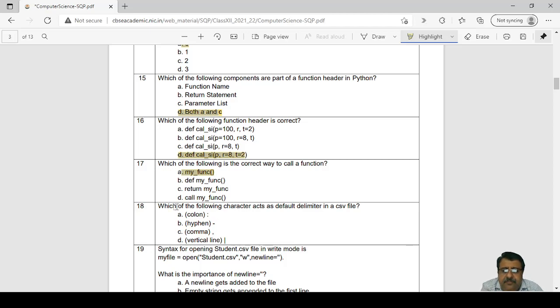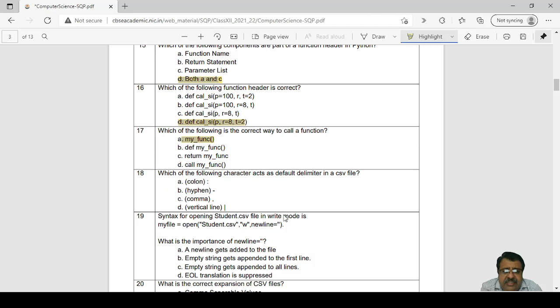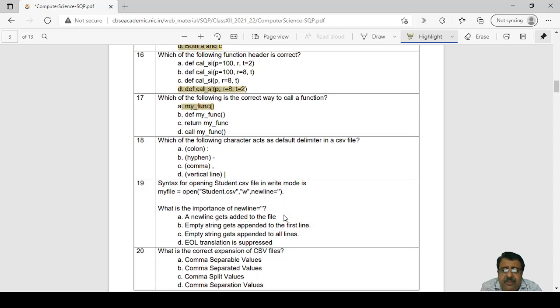Next, which of the following characters acts as the default delimiter in a CSV file? CSV, the name itself says comma separated values. So the answer is C.